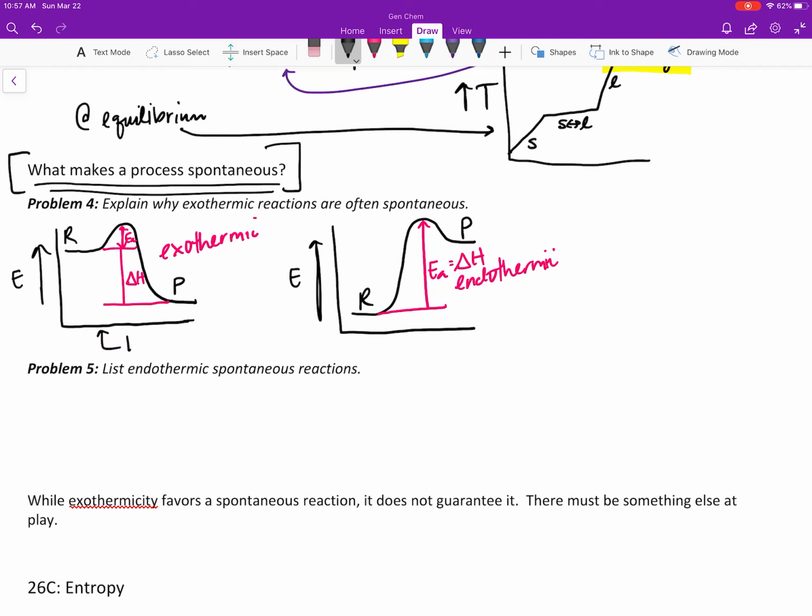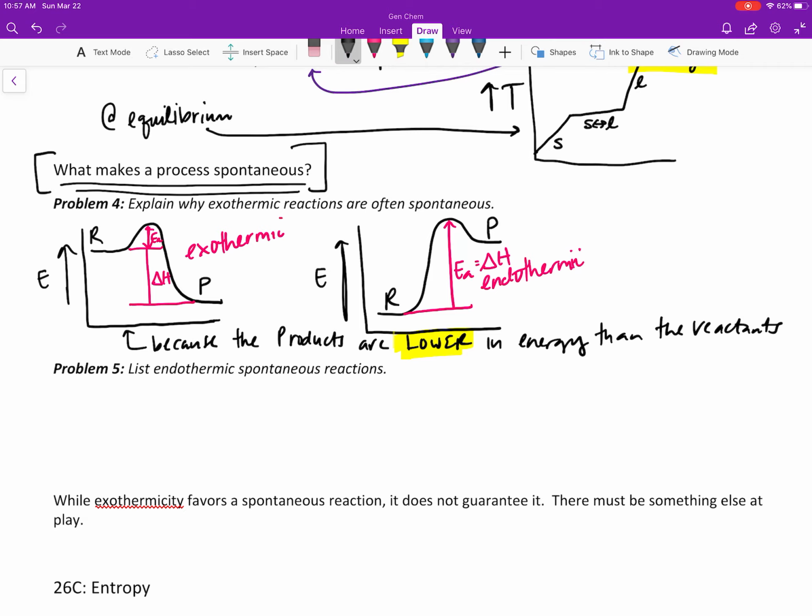Well, that's because the products are lower in energy than the reactants. There's a very low activation energy required to make that reaction occur, so very small EA value.